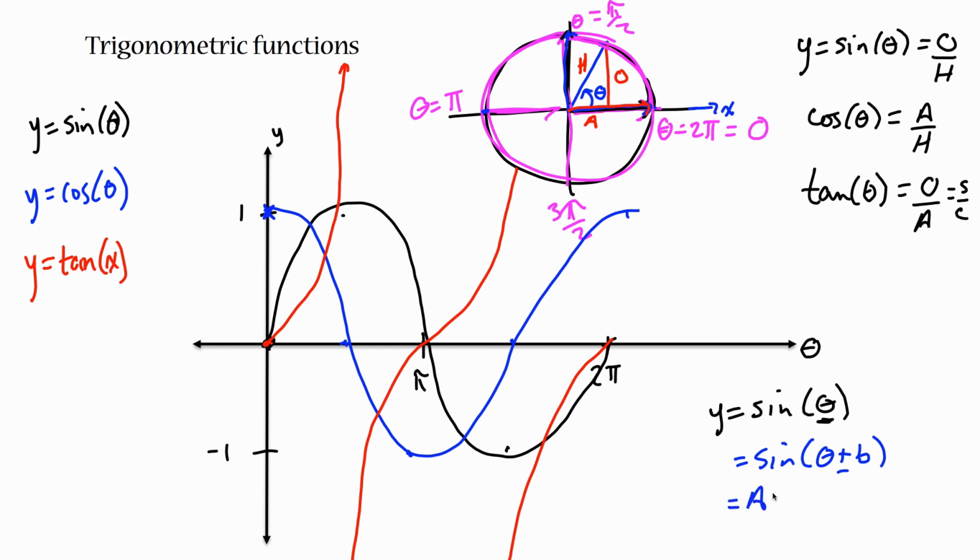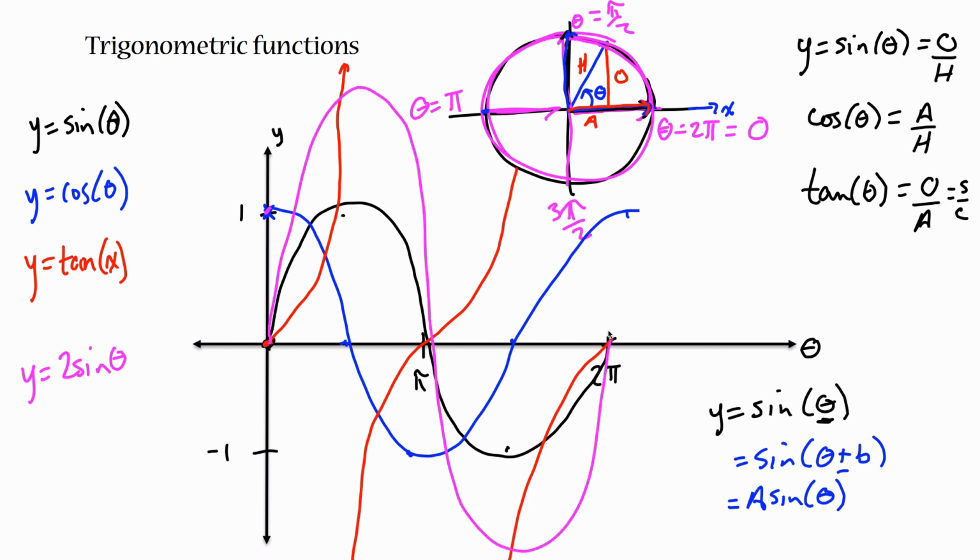I can add a multiplier to the beginning, so for example, y is equal to 2 sine theta. Instead of going from 0 to 1, it'll go from 0 to 2, and it'll just change the amplitude of the waves. And if I want to change the frequency of my function, I can add a multiplier to theta.